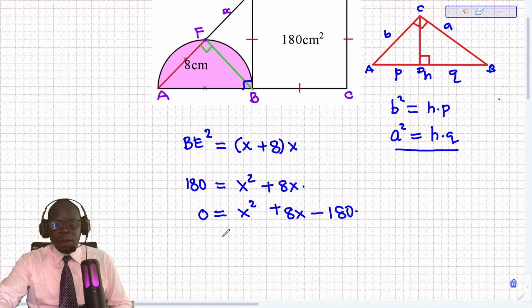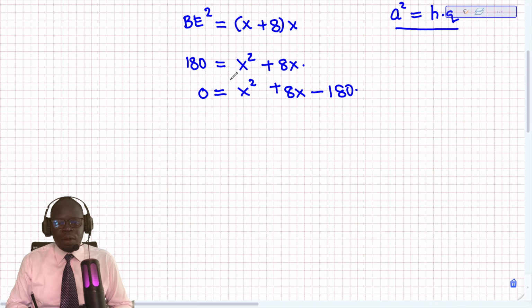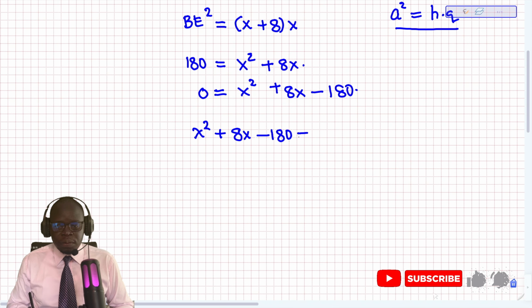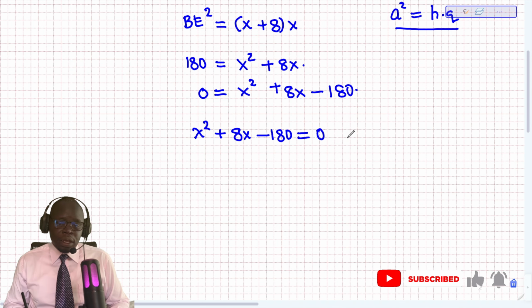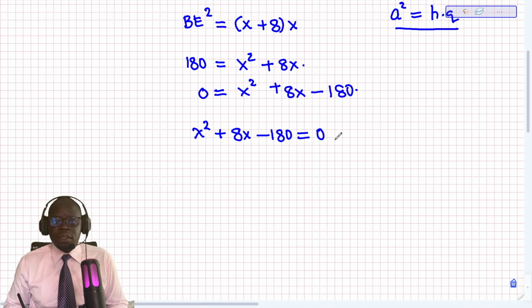So let's do that by rearranging before we start solving it using any method of our choice. We simply write here x square plus 8x minus 180. This must give us 0. We can use any method to solve this, either factorization, using the formula, completing the square, or even the graphical method. Any of the methods is accepted.